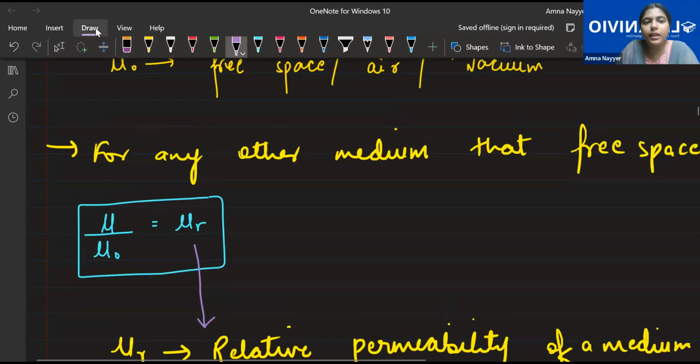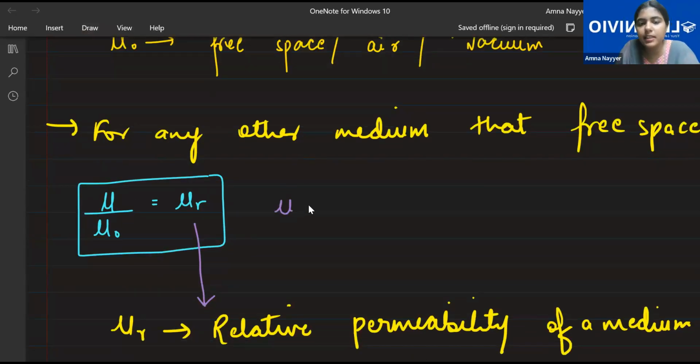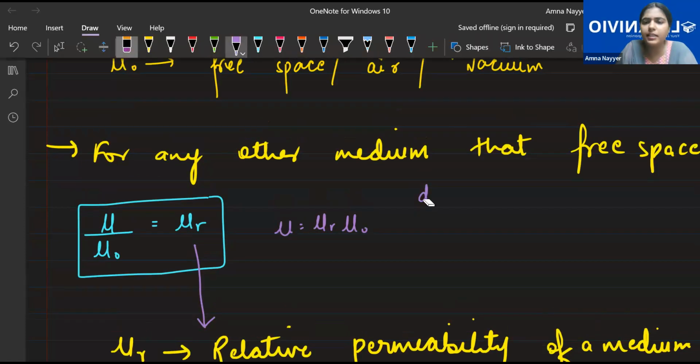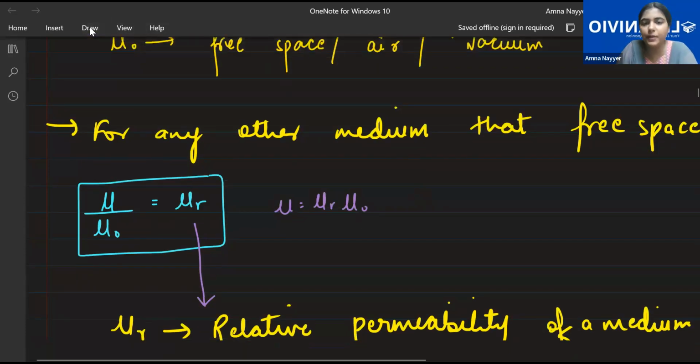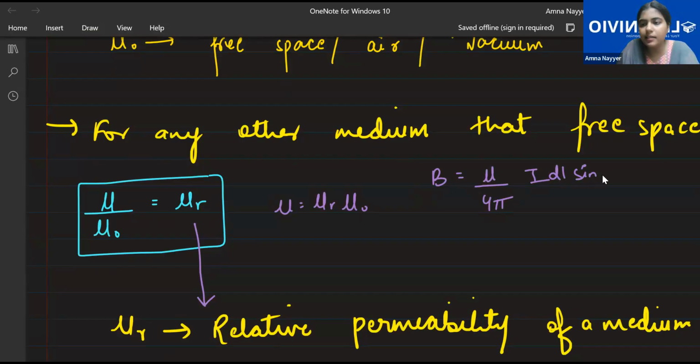Now you can always use mu is equal to mu r into mu naught. Let's say we have the value, I'll just use this as b. So b is equal to mu, some medium is there, mu by 4 pi I d l sine theta divided by r square.